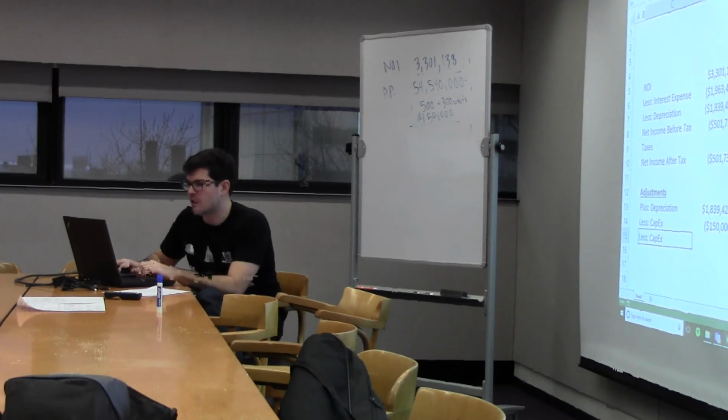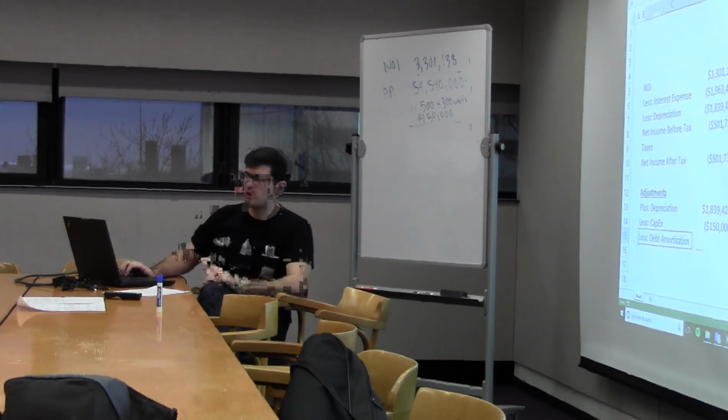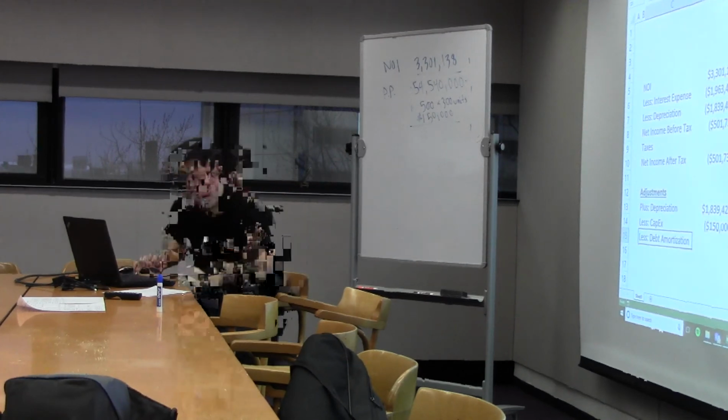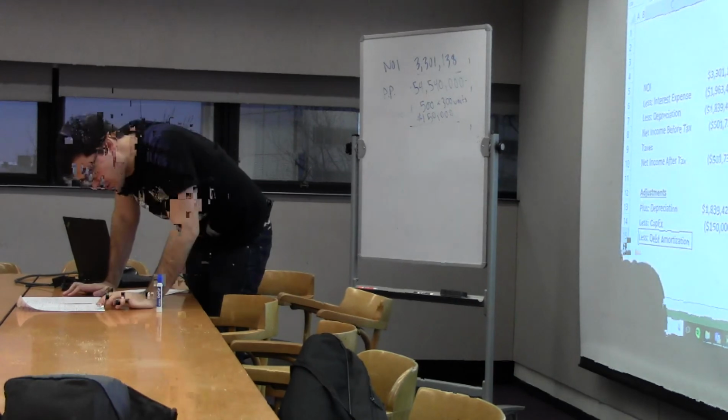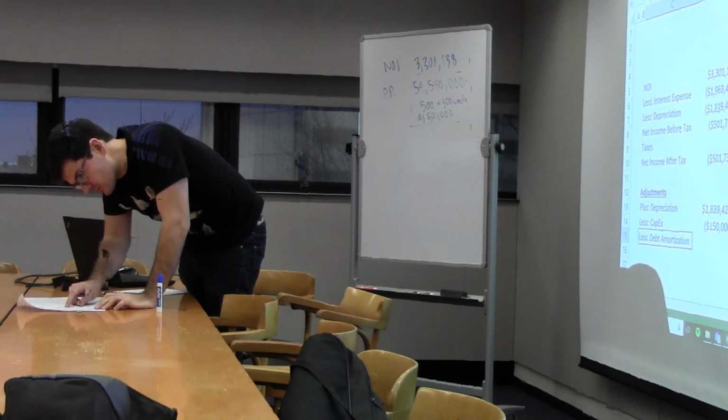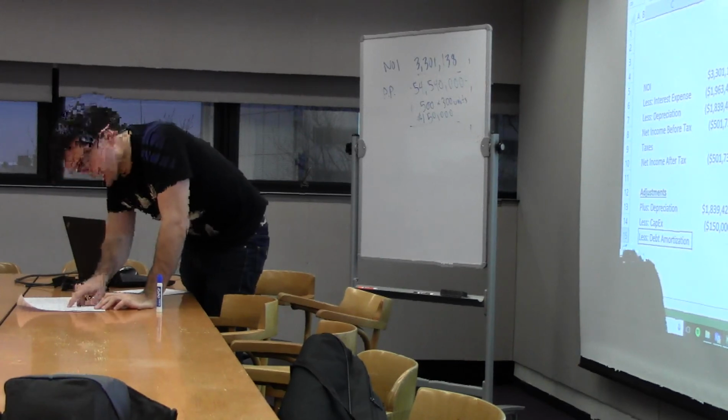Additionally, we have debt amortization. This is different than interest expense. Interest expense is the amount of interest that you pay on your loan. I think what's our loan terms here? We say the interest rate is 6%.